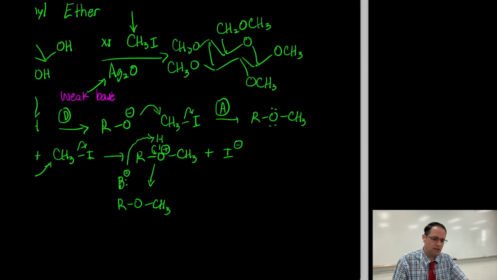Another way to form an ether, okay, is through the hemiacetal chemistry, okay? So this is another way. I'm just going to use methyl because it's just easy to draw, but we can take this guy here.